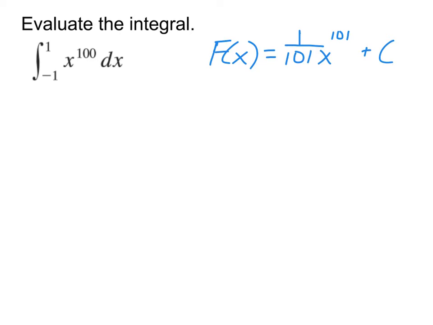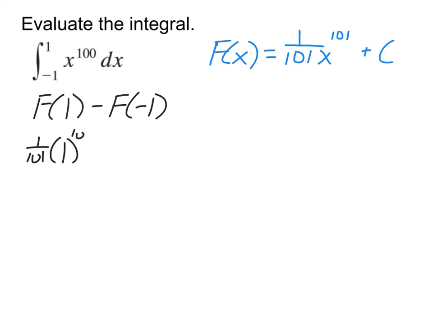All right. So in order to figure this out now, I'm going to do f of the upper bound, so f of 1, minus f of the lower bound, negative 1. So I need to plug each of those in. For the f of 1, it's going to be 1 over 101 times 1 to the power of 101 plus c.